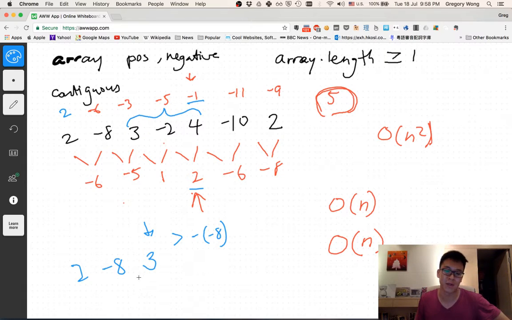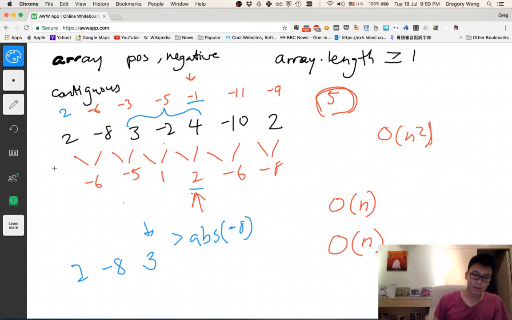You get what I'm saying? So you're saying if the third number can offset the negative sums of the previous numbers, then you want to keep it. Yeah.